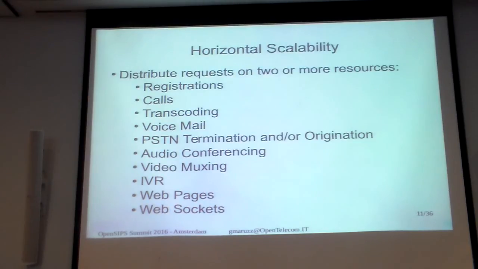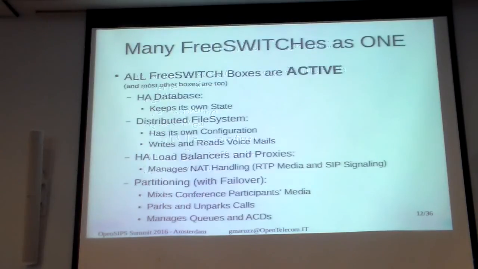Okay, you just add another machine, another unit of power, and it scales linearly as cost and as operation. So you just keep adding machines, and at least in theory, you can scale indefinitely to millions, of course. And you just distribute requests on resources.